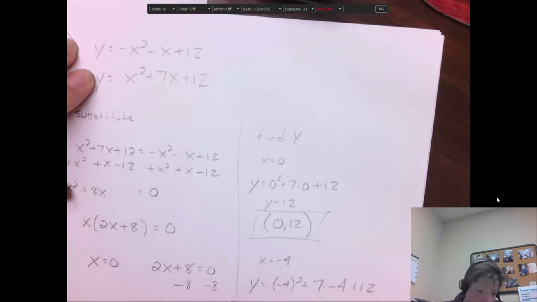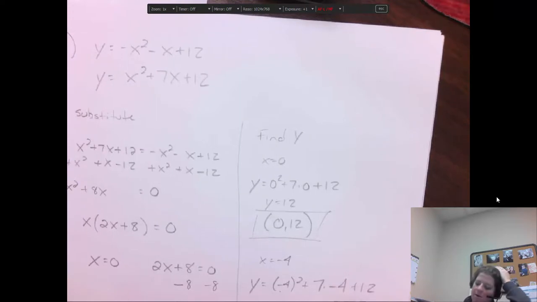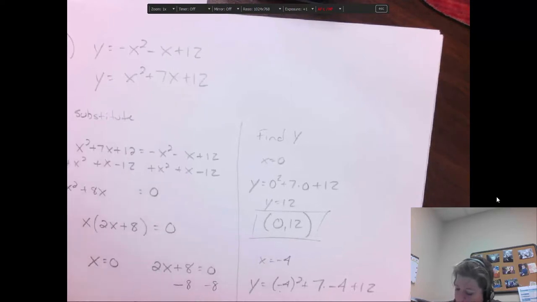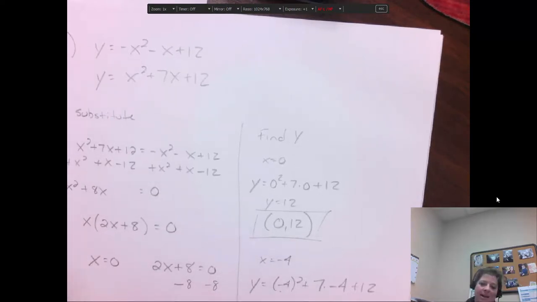So 16 minus 28 plus 12 actually ends up giving you 0. Because 16 and 12 is 28, and then 28 minus 28 is 0. So when x is negative 4, y is 0. And we saw that, I said around negative 5, yeah, it'd be negative 4.